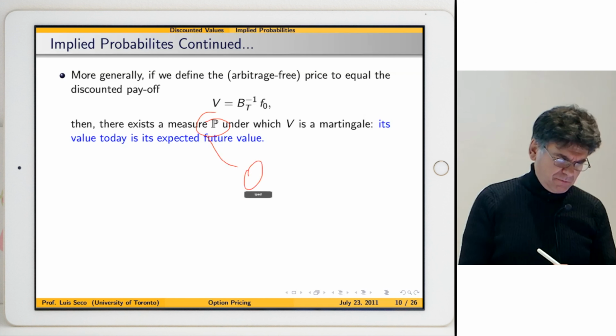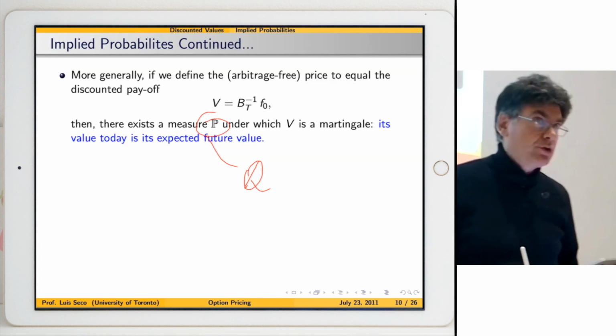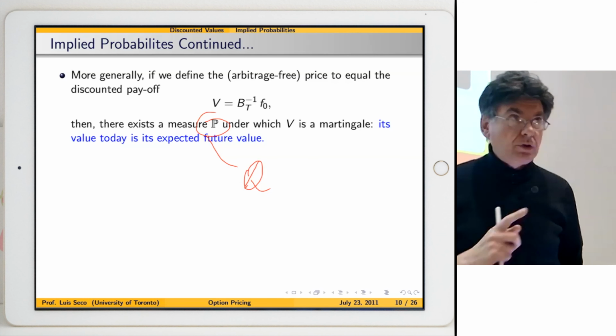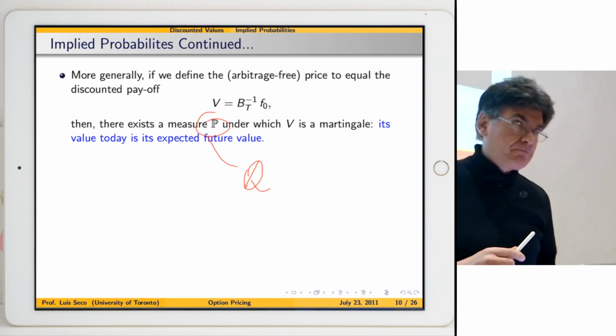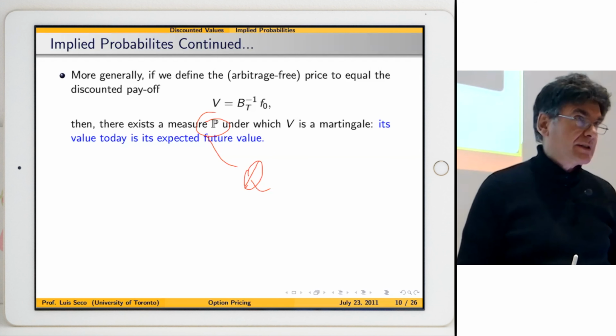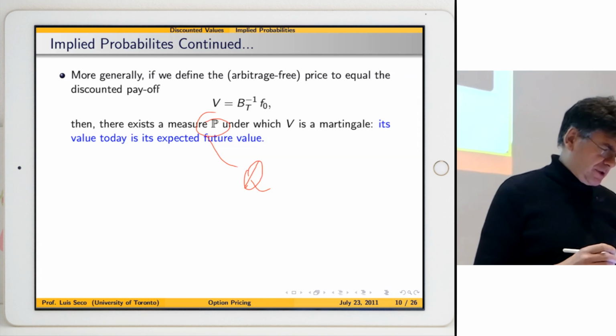That's Q. Doesn't matter, I'm just giving you names, but the name that I used here is not usually used to denote the risk neutral measure. It's usually denoted by Q, not by P. What I said here is exactly right, it's just that I'm using the wrong terminology. It's usually called Q.